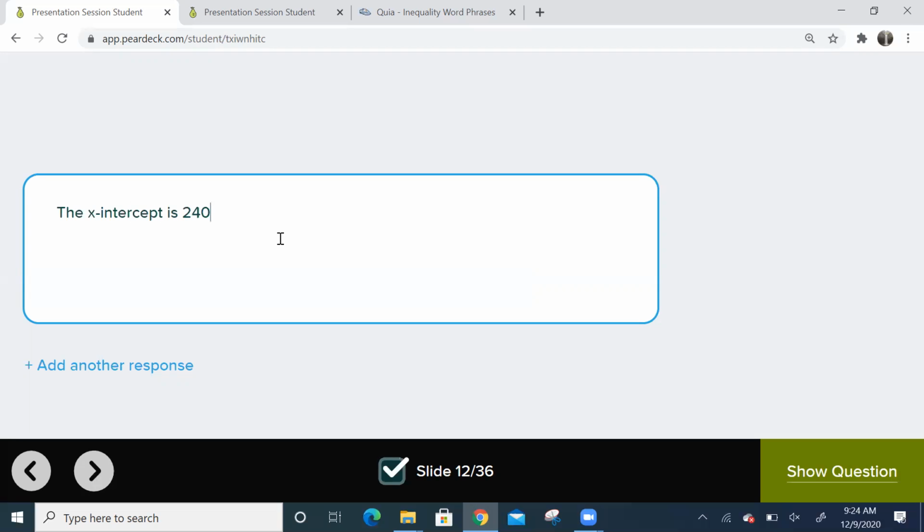So the hikers reach the bottom of the mountain in 240 minutes, which is 4 hours. 240 divided by 60.